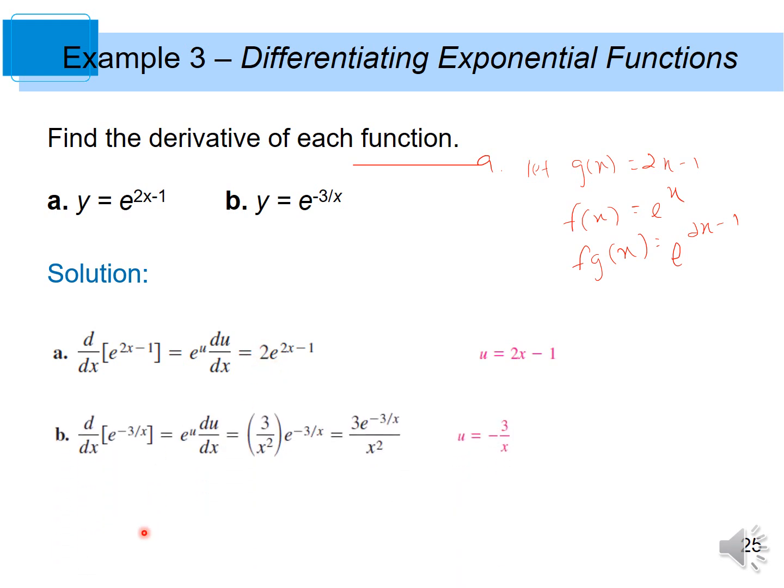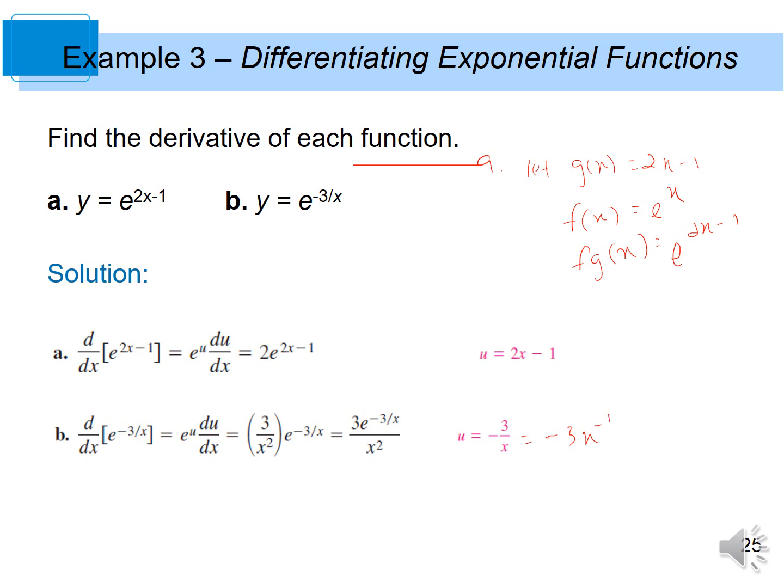For b, e to the negative 3 over x. So the inner function is negative 3 over x. Then we can change this form to power rule form. U will equal to negative 3 x to the power of negative 1.